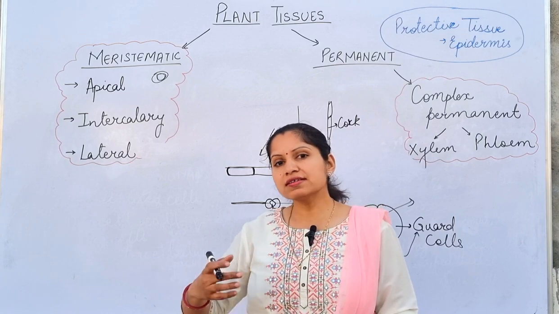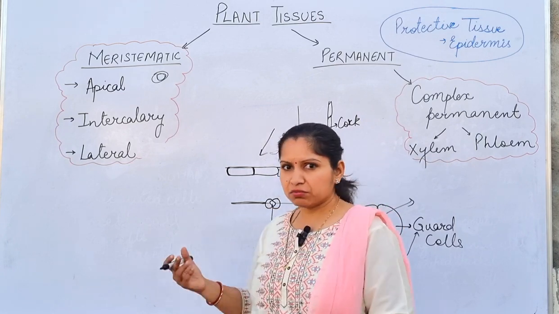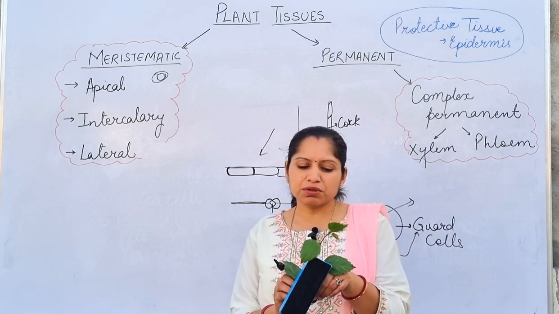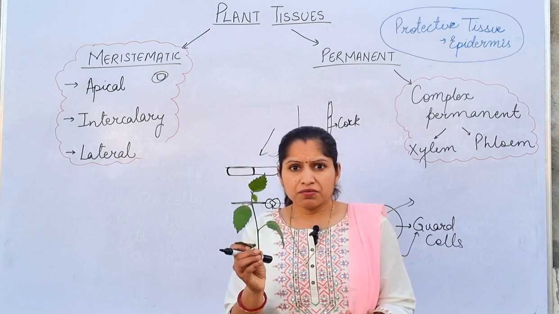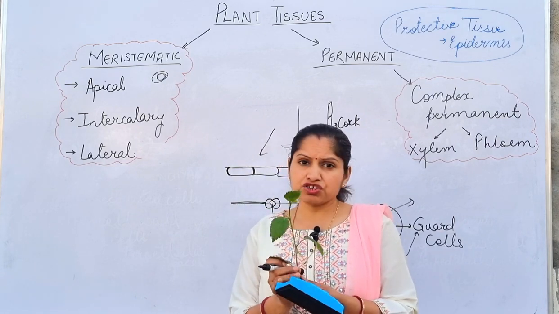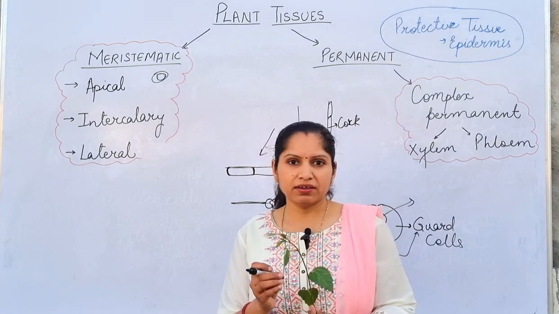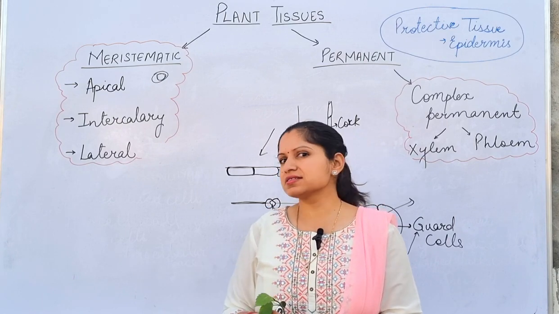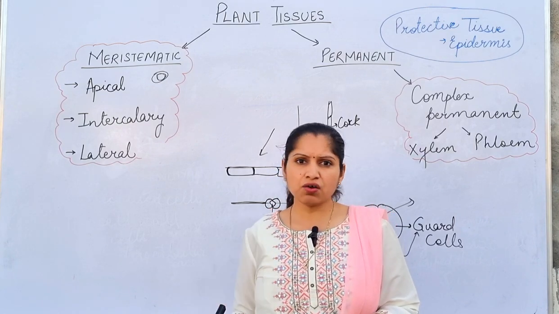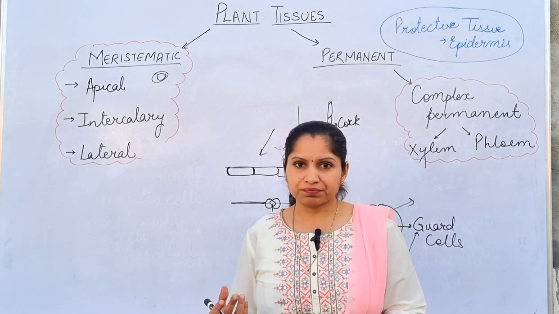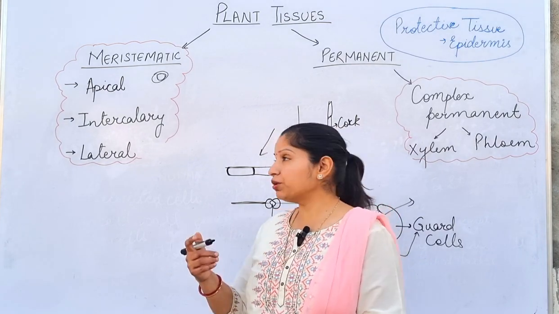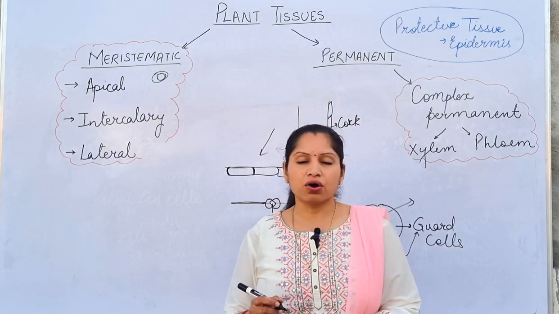This cork is also formed from the epidermal cells only. The epidermal cells could provide support or protection to a small plant only. But in case of tall trees, this epidermis is insufficient to provide that protection. So in that case, the protection will be provided by the cork.